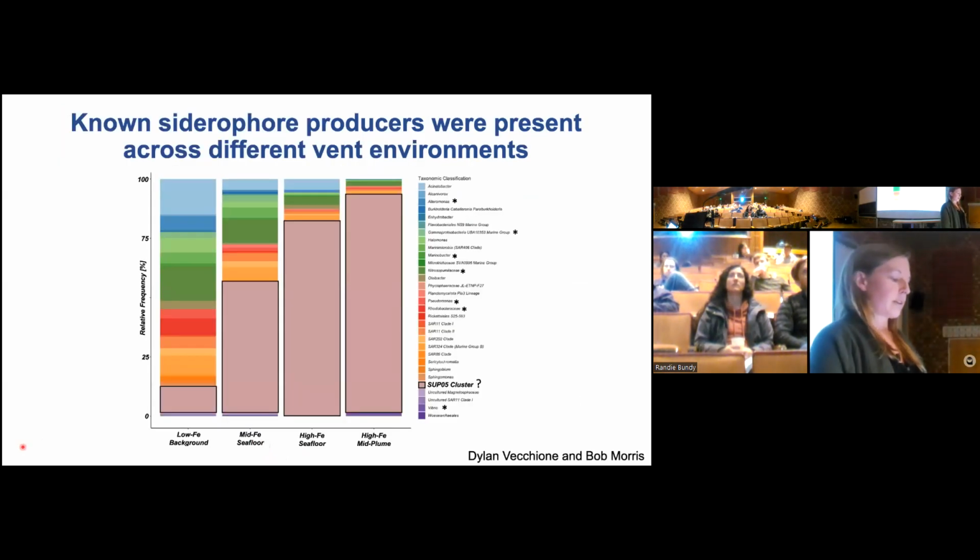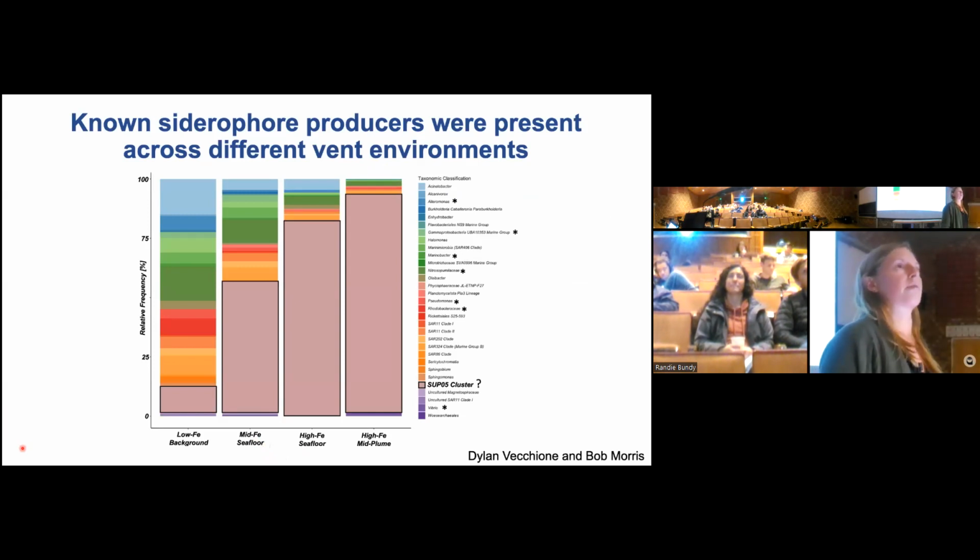We're only starting to look into the microbial community composition data because a lot of this data is still very new. This is an example of the microbial community composition, also grouped by environment, provided by Dylan Vecchione and Bob Morris. The different colors are different microbial groups that Dylan has annotated, and I put stars next to the ones that contain known siderophore producers.